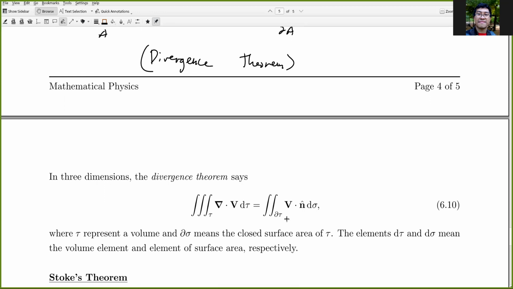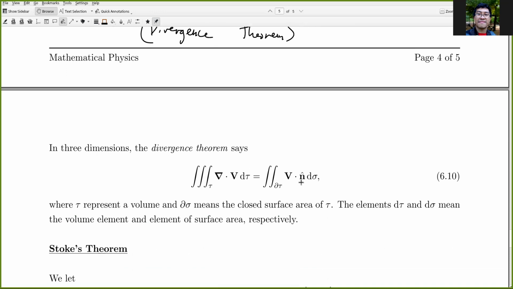The convention in the book, I think this is partial tau, but I can check this in the book actually.